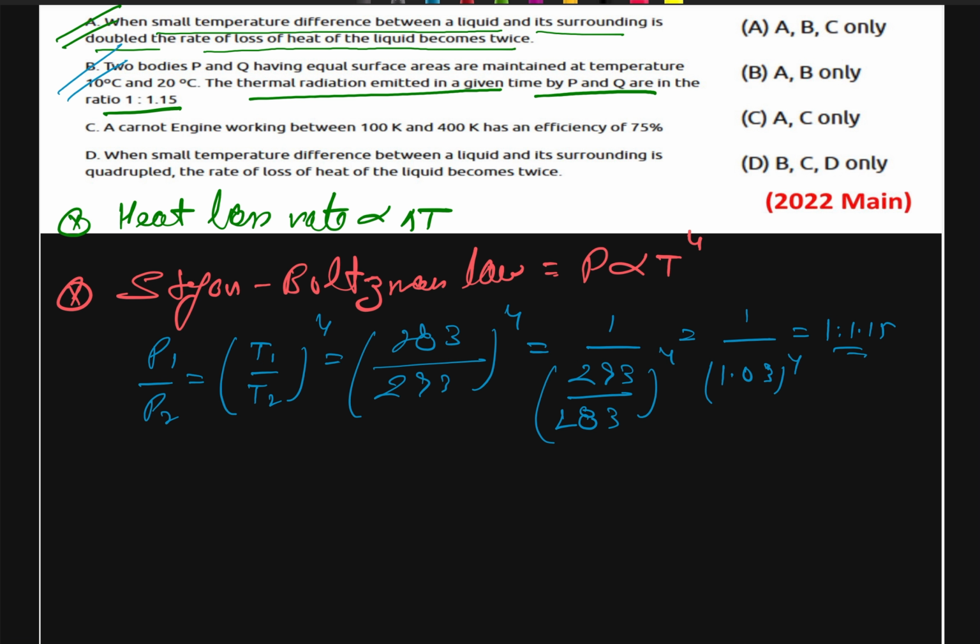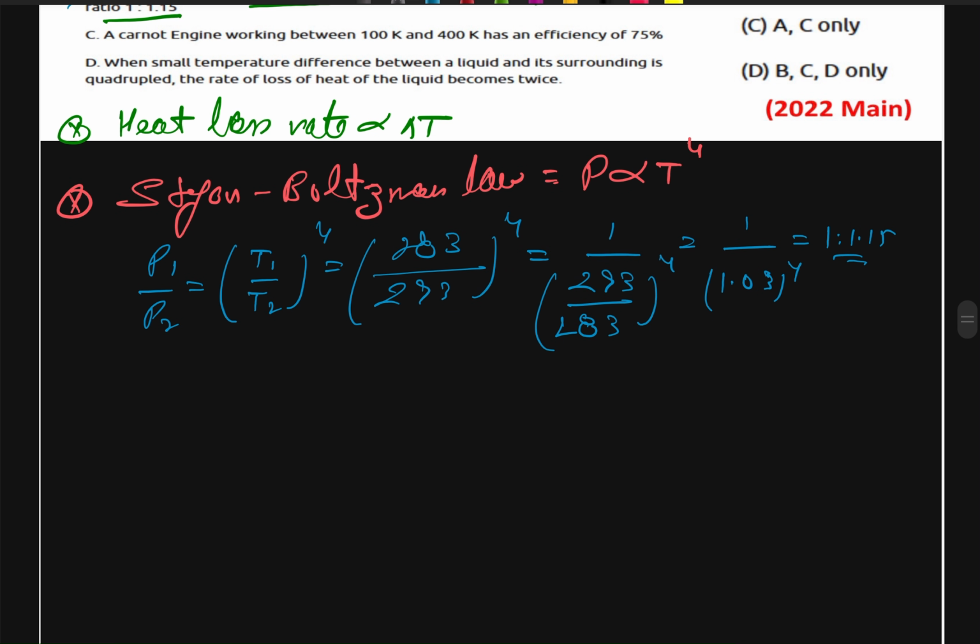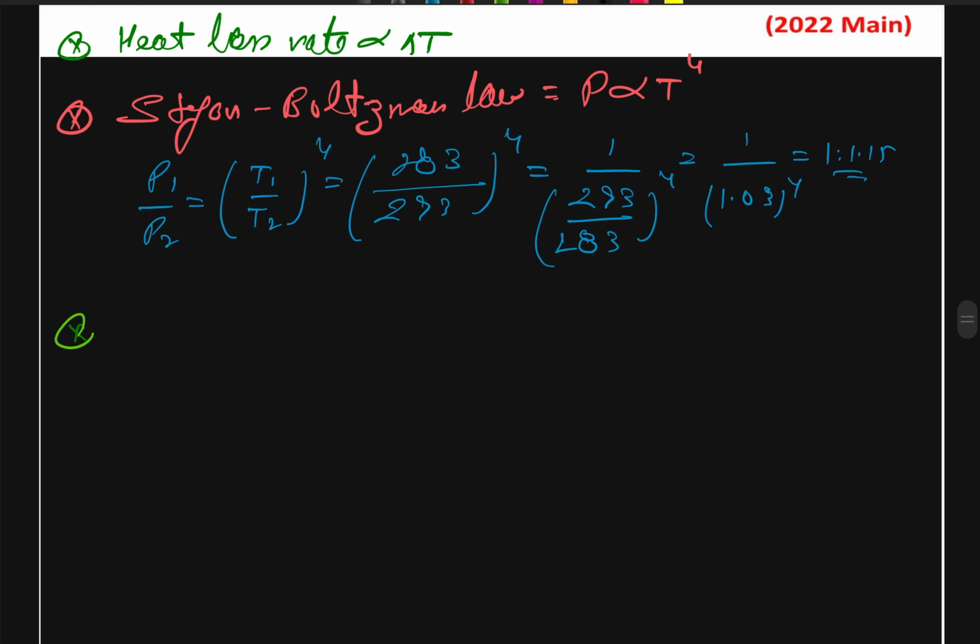And we come to our next part. Carnot engine working between these temperatures, efficiency is 75%. Okay, so we can calculate the efficiency. So we can say the Carnot efficiency is equal to 1 minus the temperature of cold upon hot.